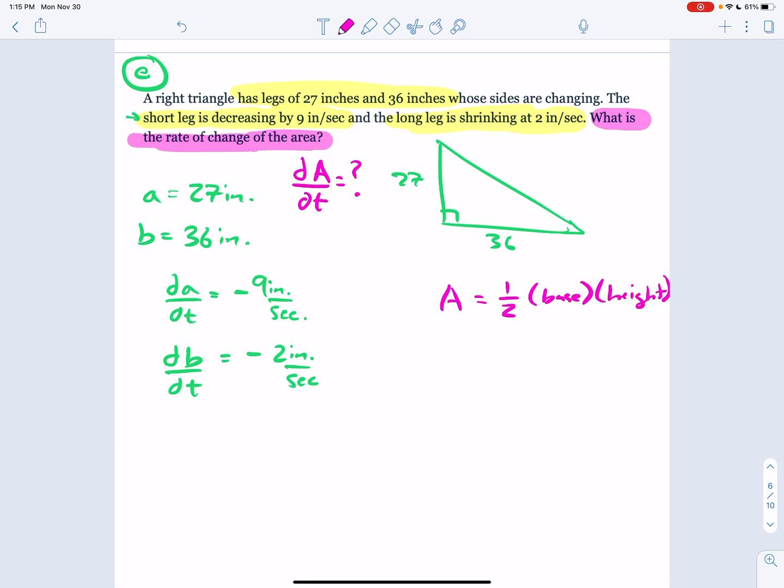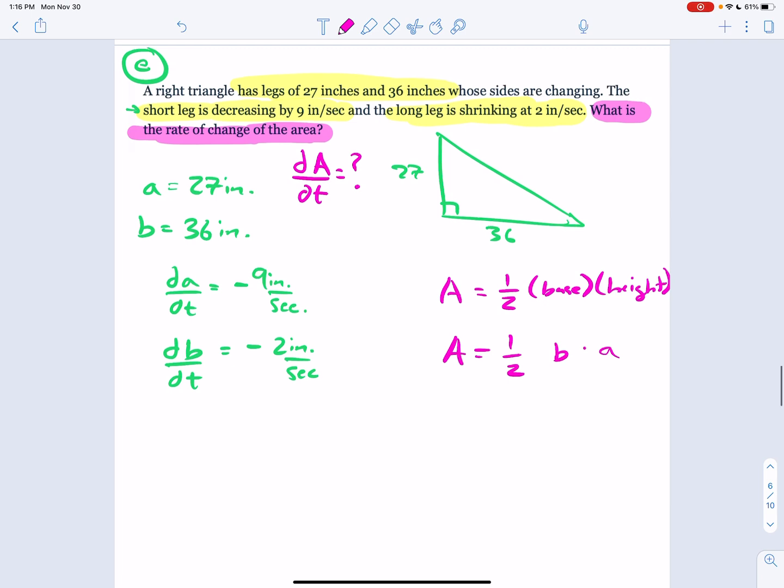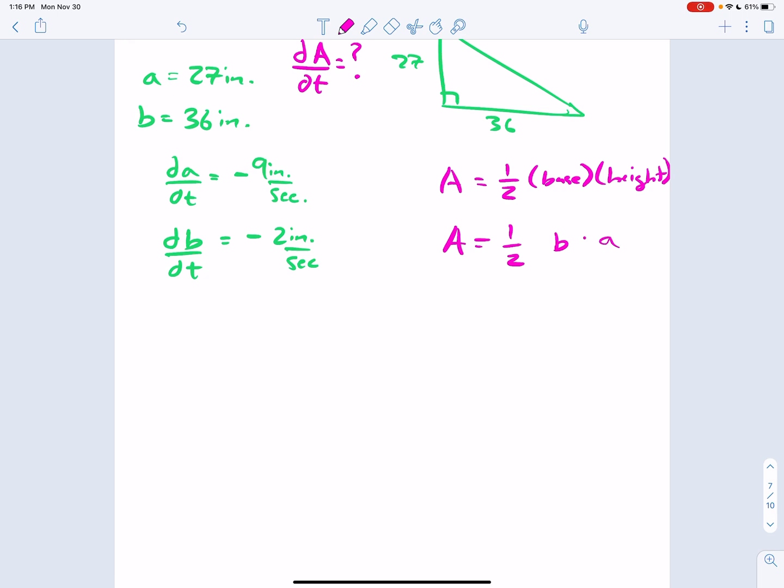Okay, in this case, it's going to be 1/2 B times A if we're using the same letters. Okay, so here we go. Now that you have your equation, we have to take the differential.